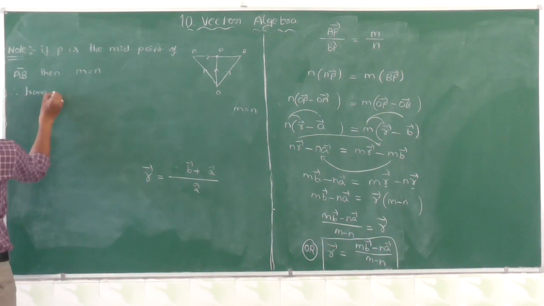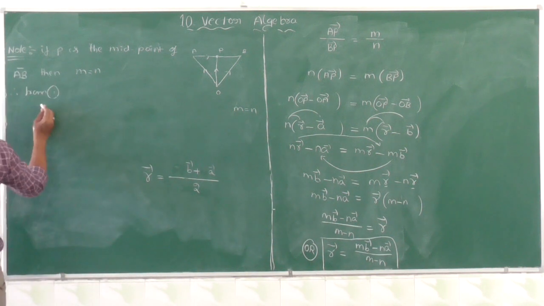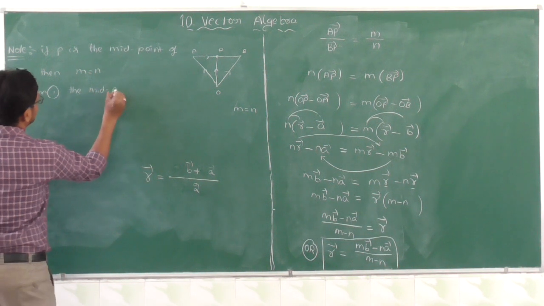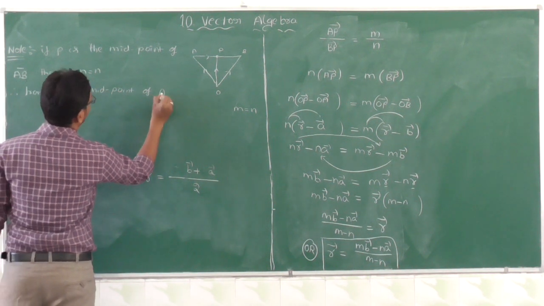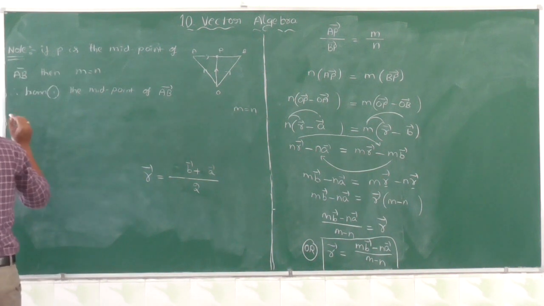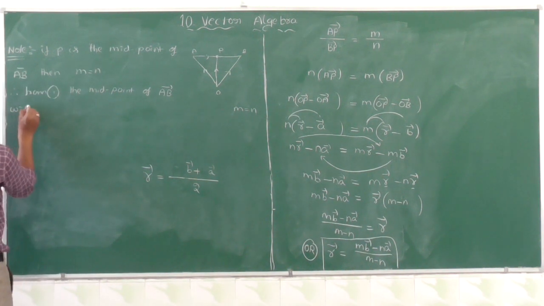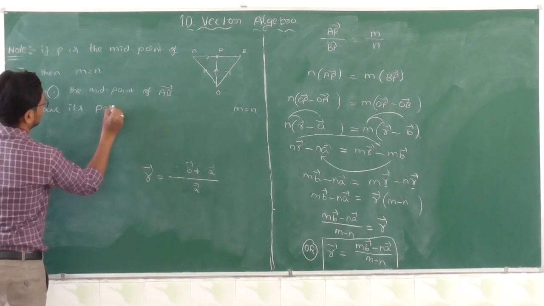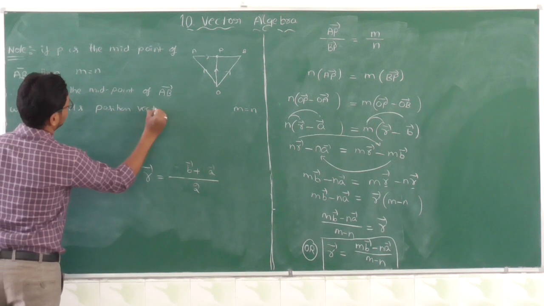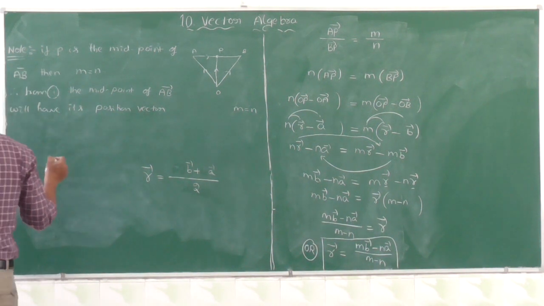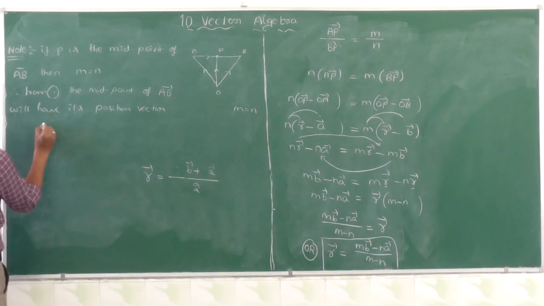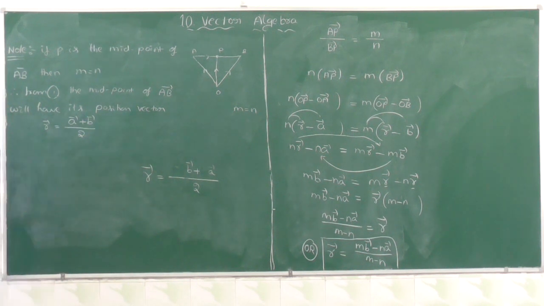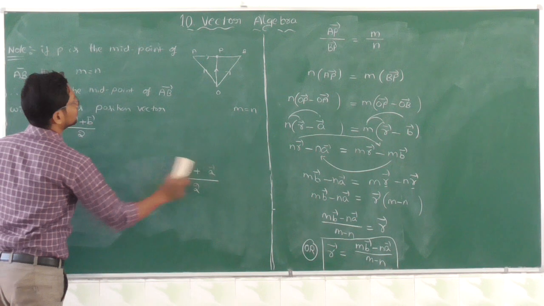Therefore, from case 1, the midpoint of AB vector will have its position vector: R vector equals A vector plus B vector divided by 2.